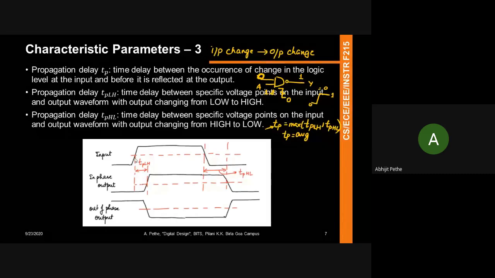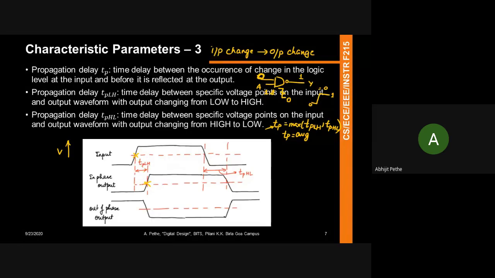So I talk about my TP-LH as the propagation delay from the input. Normally I would start with 50%. Remember these are voltage curves, plotted as voltage as a function of time. So this is the point at which it is 50% of the voltage, to the point when it becomes 50% at the output.